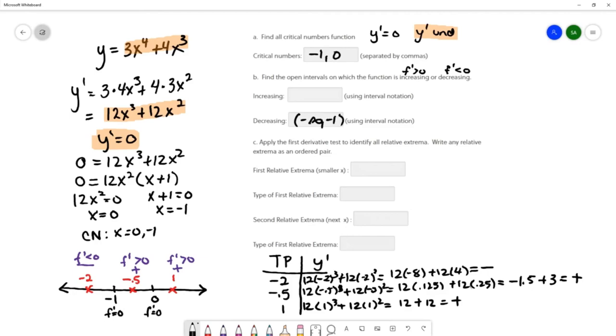And then we have two intervals where the derivative is positive and the function is increasing. Oops, let me correct that. That's going to be -1 to 0, and then also 0 to infinity.